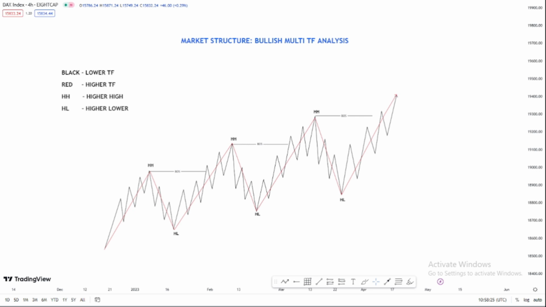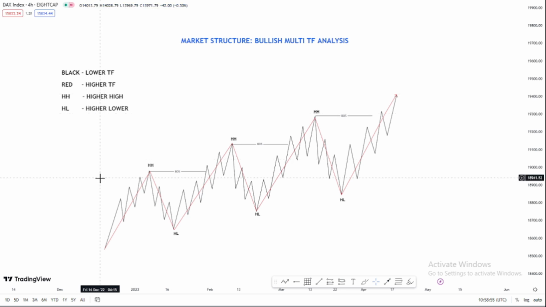As you can see from the screen, this is a bullish market structure, multi time frame analysis. The market is pushing to the upside, so this means we are in a bullish market structure. The black line represents the lower time frame, which I will explain a bit later, and the red line represents the higher time frame.